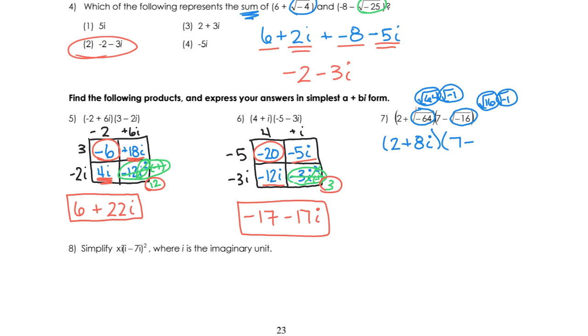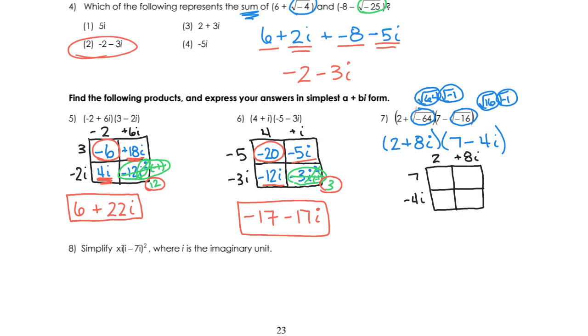But that's going to become 4i. And those have to be simplified first before you go ahead and distribute. Some people will go ahead and distribute and end up with the wrong answer, okay? So we have to make sure that our radicals with negatives underneath are simplified to our imaginaries. Okay? All right, so we'll put 2 plus 8i across the top, and we'll put 7 minus 4i along the side.